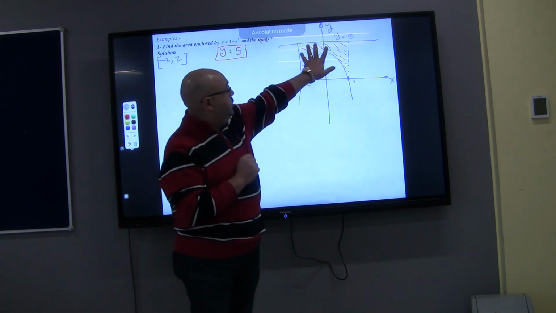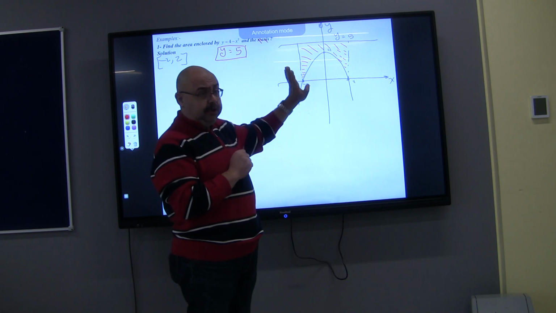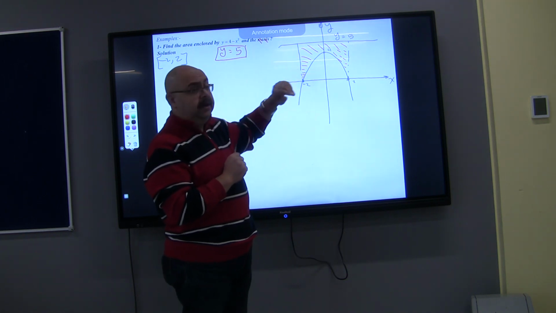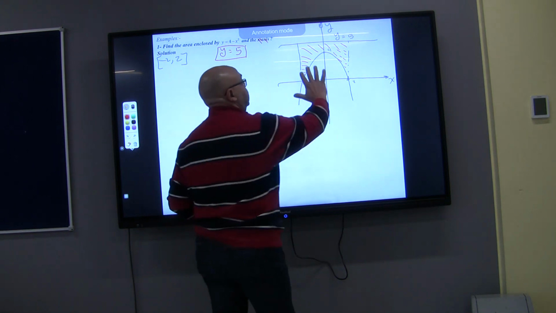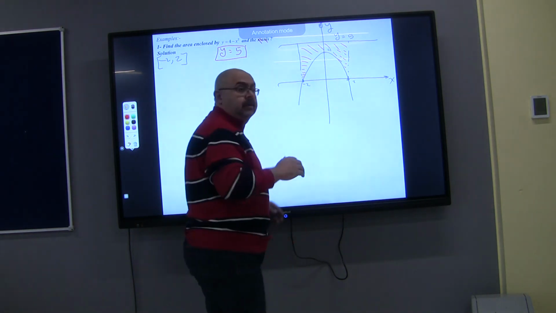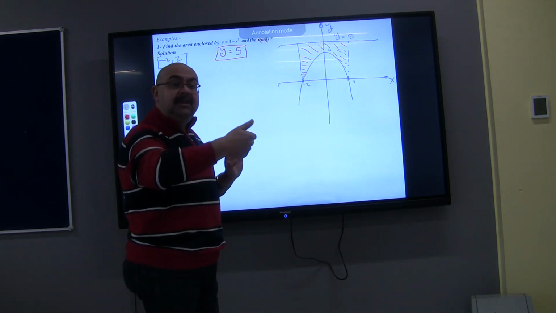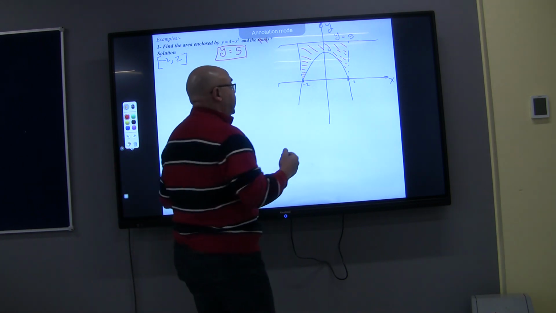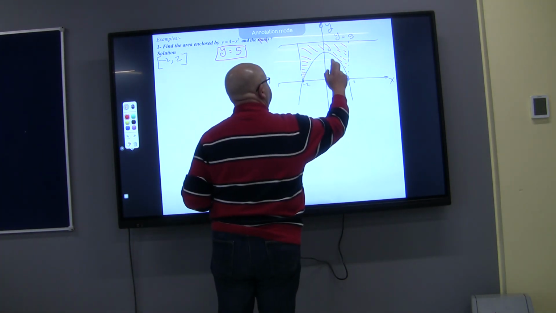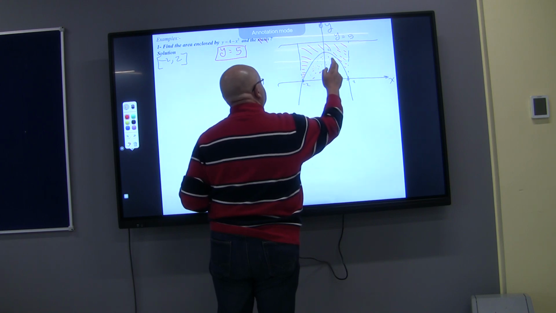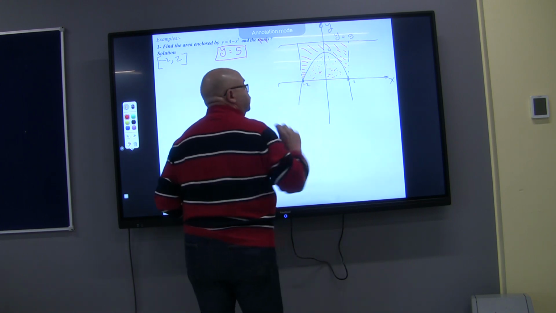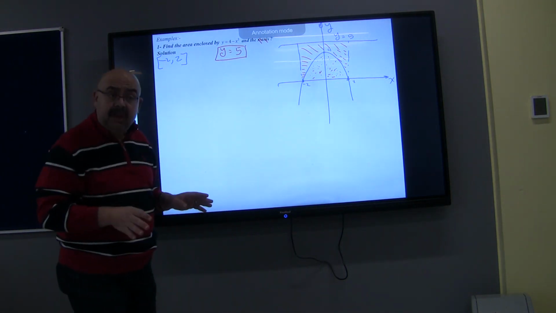To find this area, I will integrate the first function, which is y equal 5, starting from negative 2 to positive 2, which is going to develop this rectangle. I will get this rectangle, then subtract from it the area under the curve that you see in this shape. To do this it's really very doable and simple using integration.